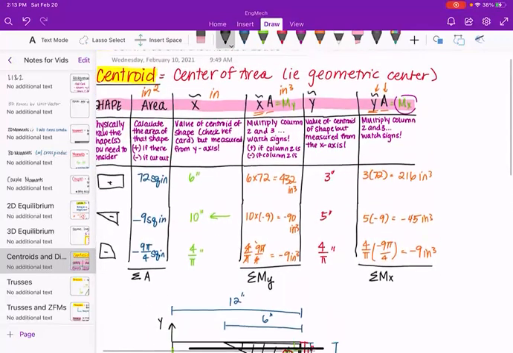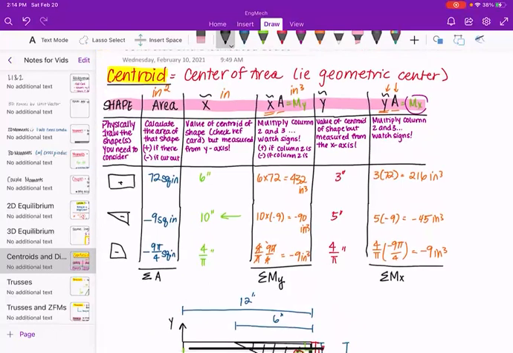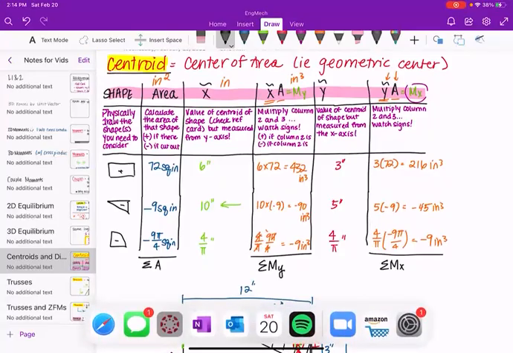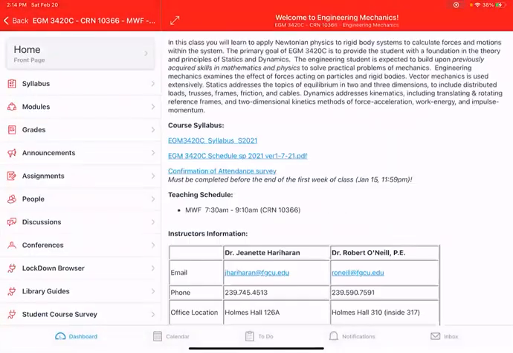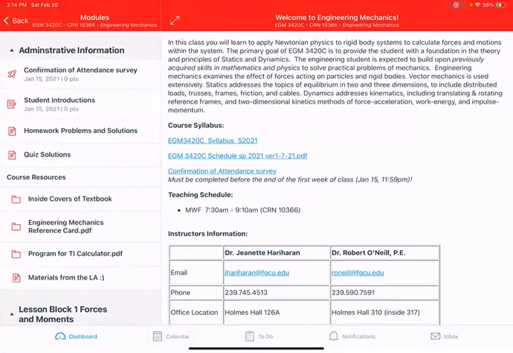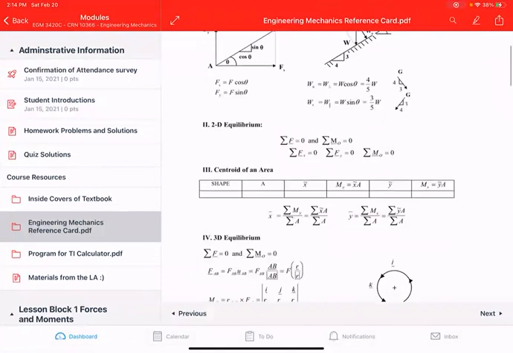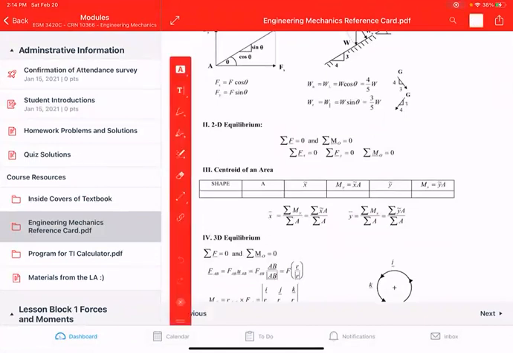The question is going to ask you, find the location of the centroid. So really at this point, you haven't done that yet. What you're going to end up doing is, if you look at your reference card, it gives you the equations for all these. So x tilde is the moment about the y-axis divided by the area, or x tilde times A divided by the areas.